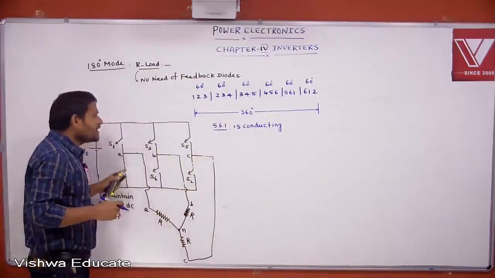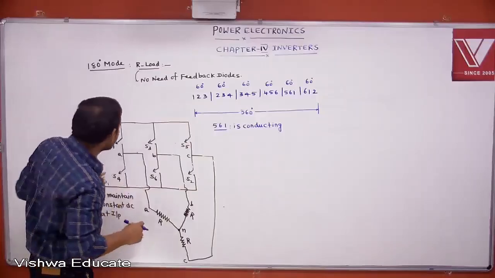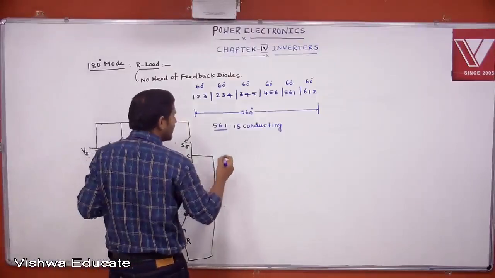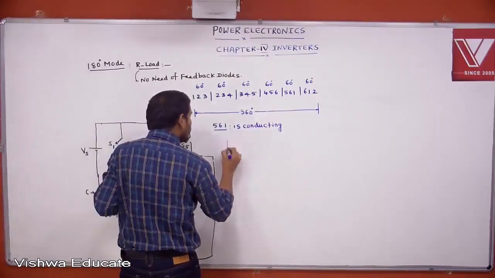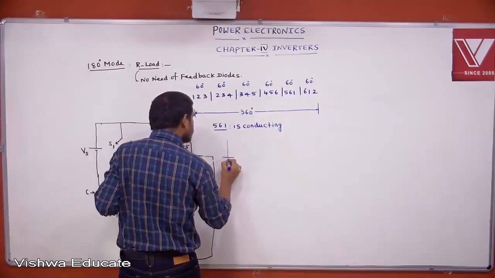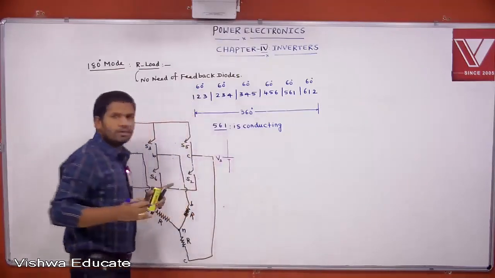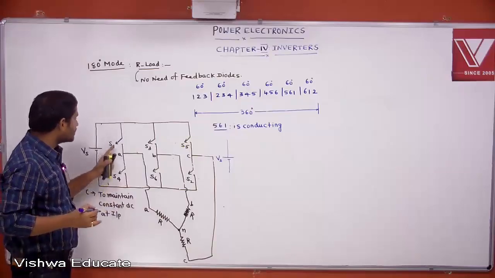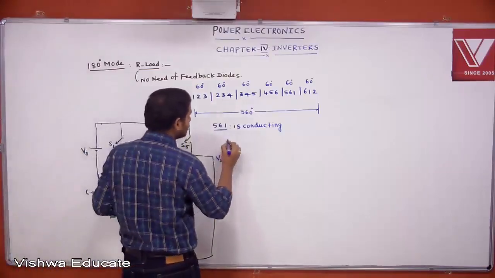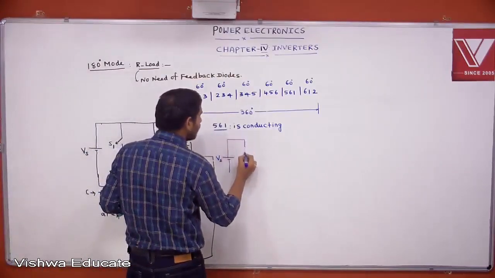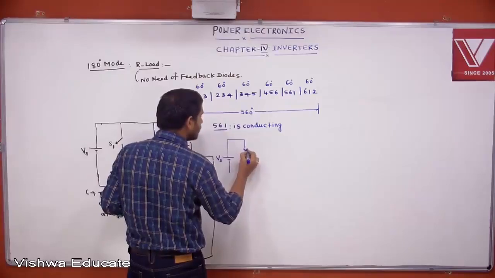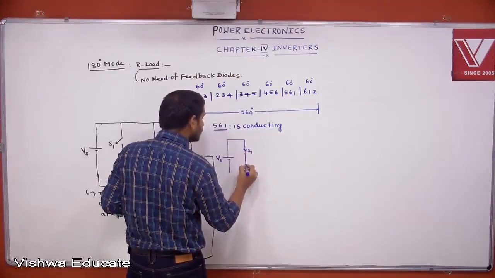From this 561 conducting, what is the equivalent circuit, you tell me. If 561 is conducting, this is the supply voltage Vs. S1 is on state.